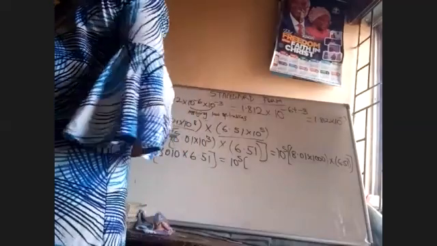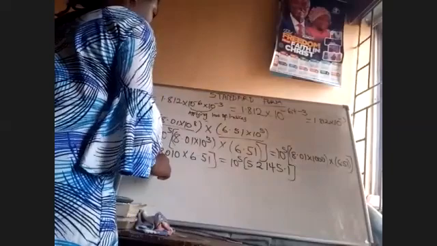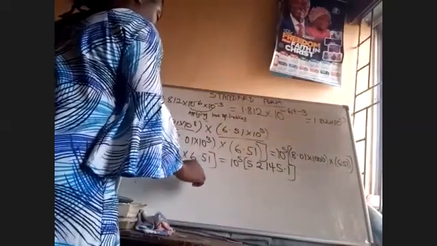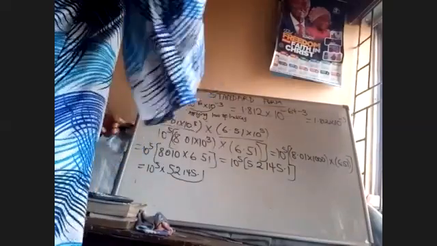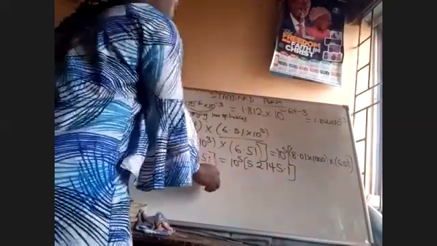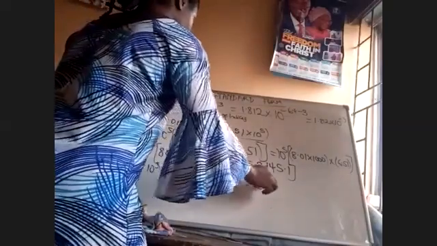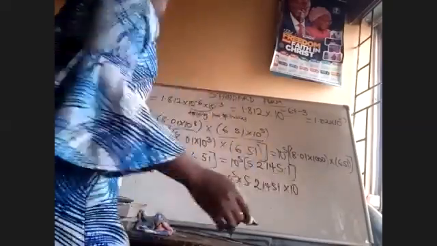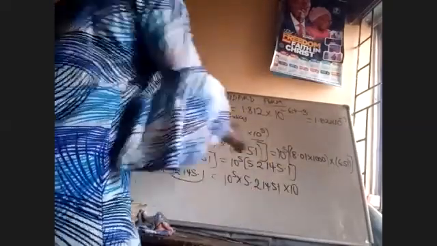When we multiply this, we have 52,145.1. This gives 10 raised to power 5 times 52,145.1. When we write out 52,145.1 in standard form, this gives us 10 raised to power 5 times 5.21451 times 10 raised to the power of 4.